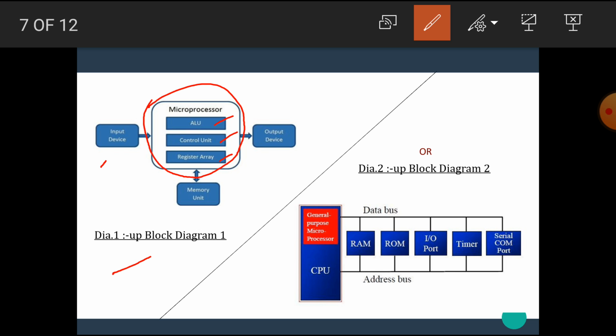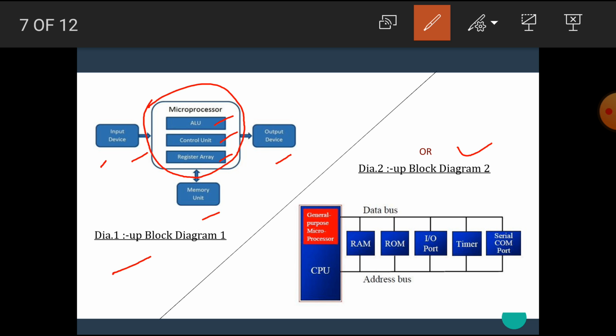The input device, output device, memory unit are not the part of microprocessor. These are connected externally to the microprocessor. We can draw this diagram in another way. Let's see the diagram 2.